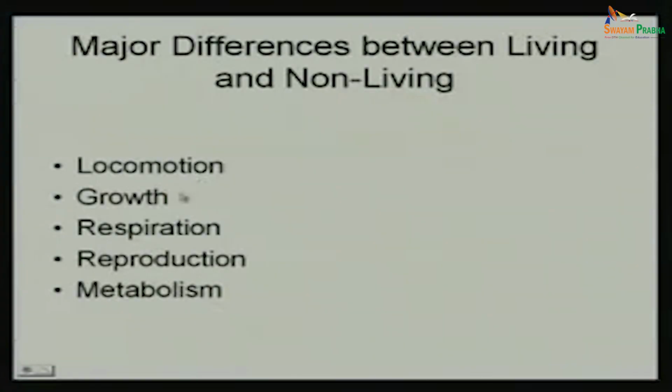There are certain characteristics which are present in the living system and are not present in the non-living, such as locomotion, growth, respiration, reproduction, metabolism, and so on. So, these are some activities which are performed by the living system or living cell.